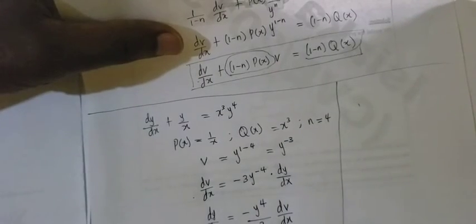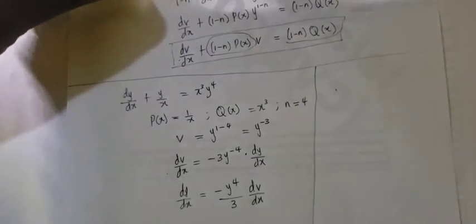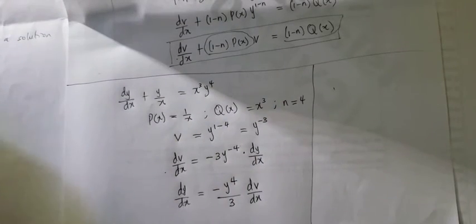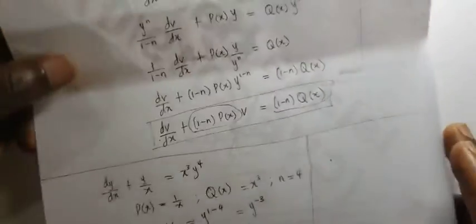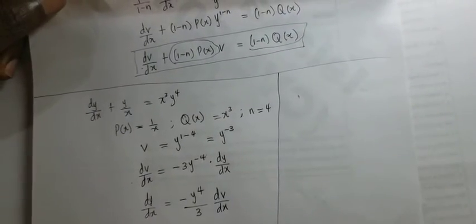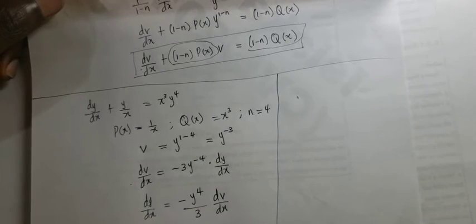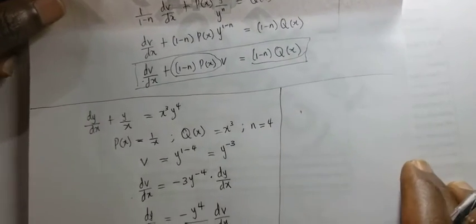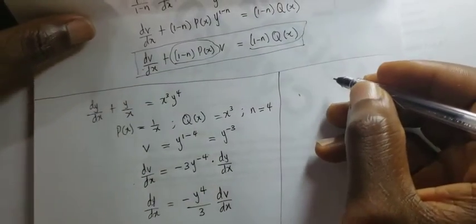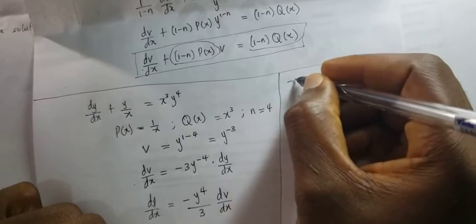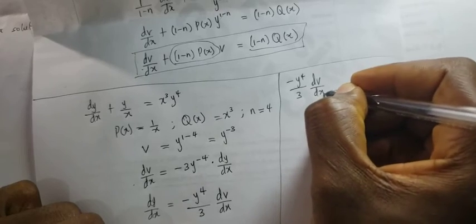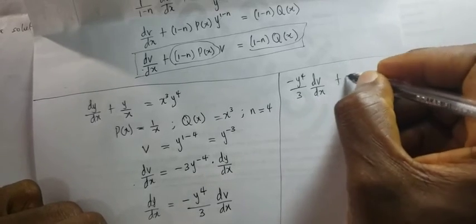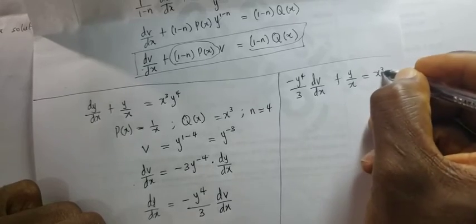When we do that substitution, instead of dy/dx I'm going to put in minus y to power 4 over 3 dv/dx, then plus y over x, equal to x cubed y to power 4.